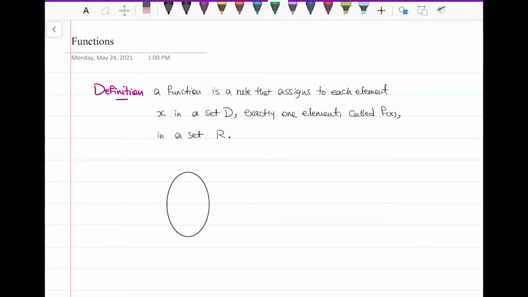So I have one set. It's the set of all the inputs. And I have another set, the set of all the outputs.